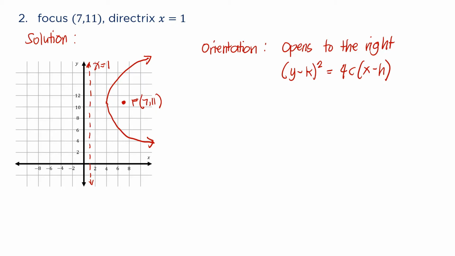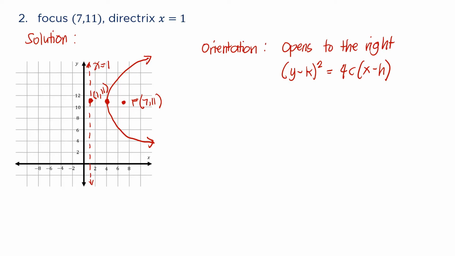And since the vertex was not given, we will first solve for the coordinates of the vertex. Take note, the vertex is the point midway between the focus and the directrix. From this, we can find one point on the directrix aligned to the focus so that we can get the midpoint using the midpoint formula. This point has the coordinates (1, 11).